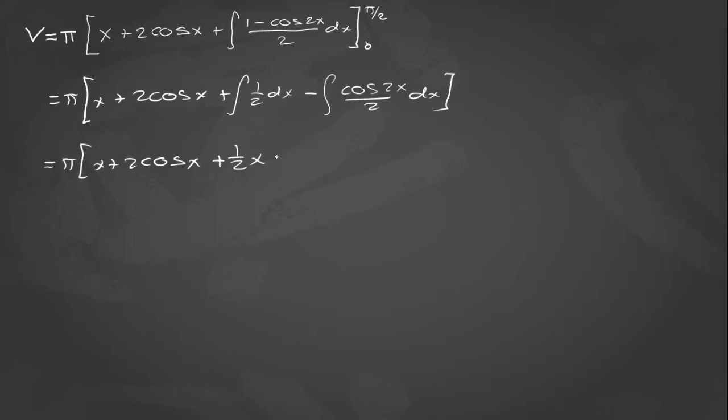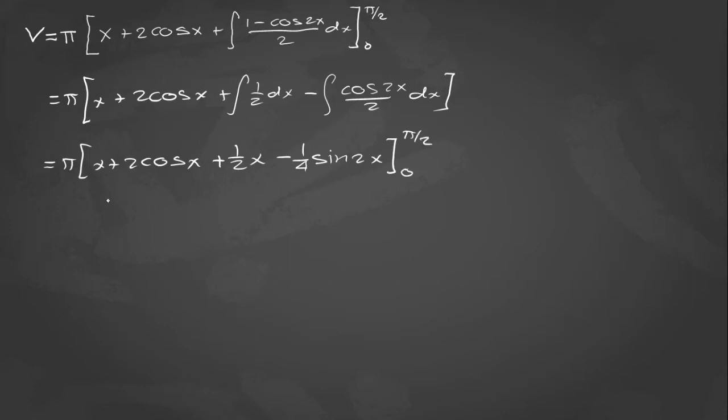minus, differentiating the 2x, we have 2. The reciprocal of 2 becomes 1 half, and 1 half multiplied by 1 half becomes 1/4. The integral of cosine is sine, so it becomes sine 2x), evaluated from 0 to pi halves.